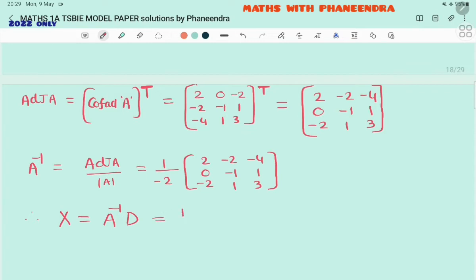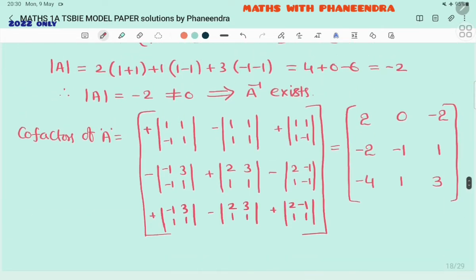A inverse means minus 1 by 2, 2 minus 2 minus 4, 0 minus 1 1, minus 2, 1, 3 into D value, constant matrix.